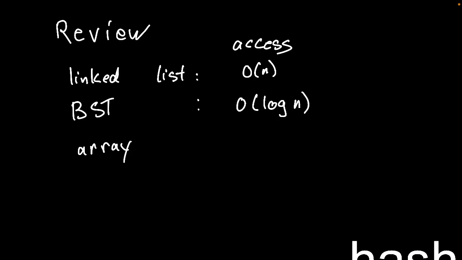This was really nice. What was the access time for an array? It was constant. Remember, in your array everything is contiguous in memory, so just by looking at the access index you could go exactly to that spot in memory. So that's going to be constant time. It did not depend on the actual length of the list.